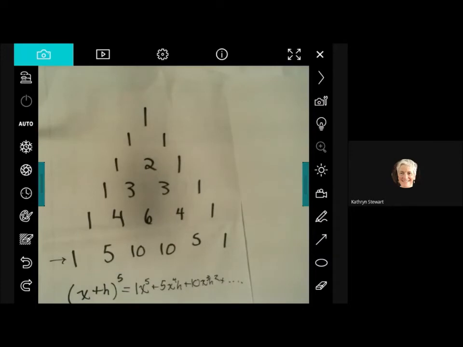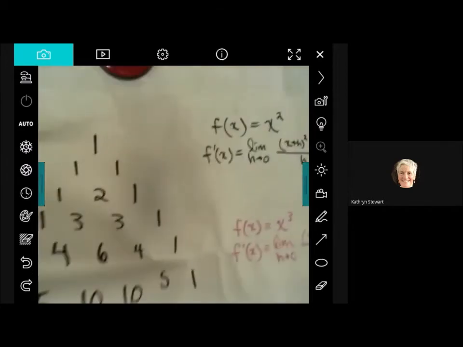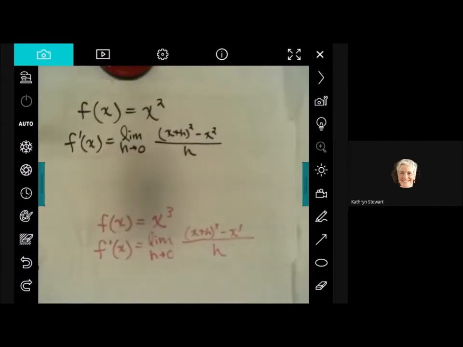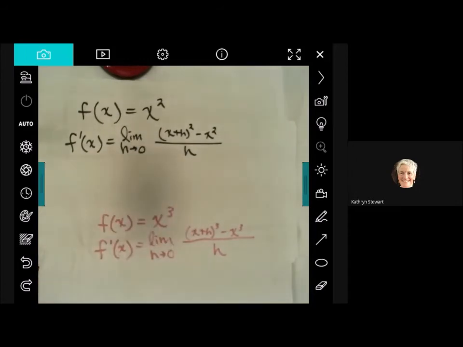So think about how we find derivatives. The limit definition of the derivative. For example, if I wanted to find the derivative of x squared, I could set it up as a limit definition of a derivative.